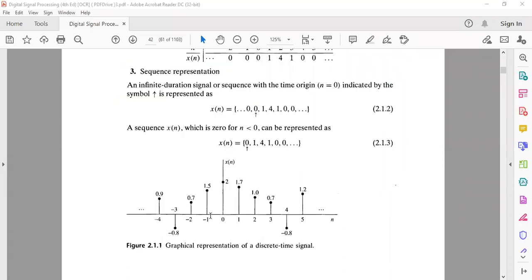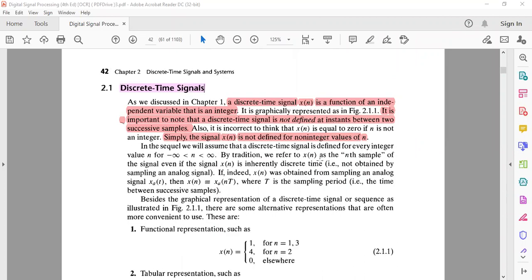Between 0 and 1, between 1 and 2, do not think that this is 0. No, it has a value, but you do not know it. It is not defined. Let's take that simple mathematical term: not defined between these 2 sampling points.